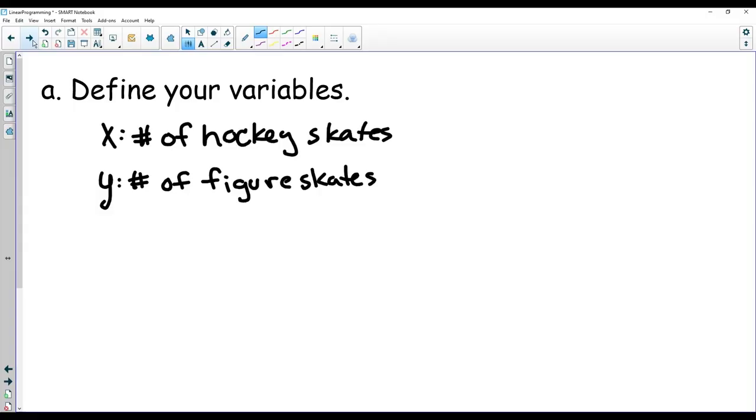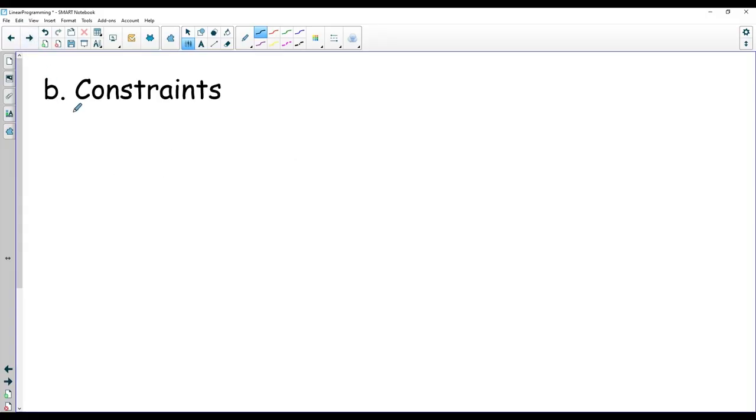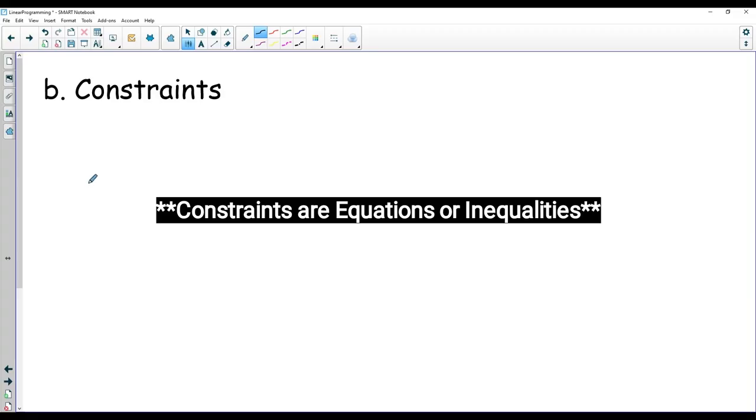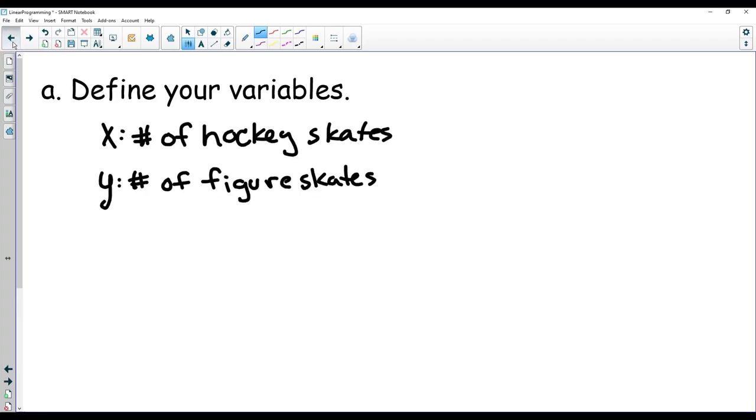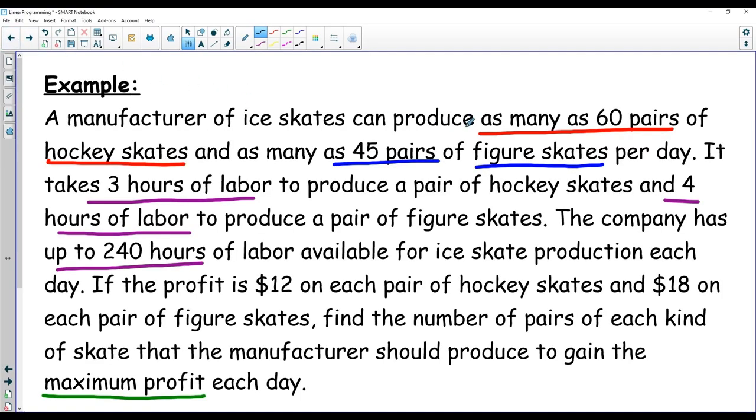Once you've done that, we want to move on to our constraints. Our constraints, like I said before, are the equations that we base off of our word problem. If we take a look back here a second, I underlined a few things. We can have as many as 60 pairs of hockey skates, as many as 45 pairs of figure skates.